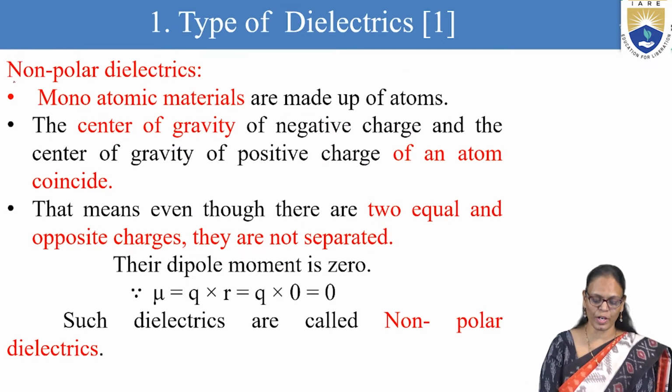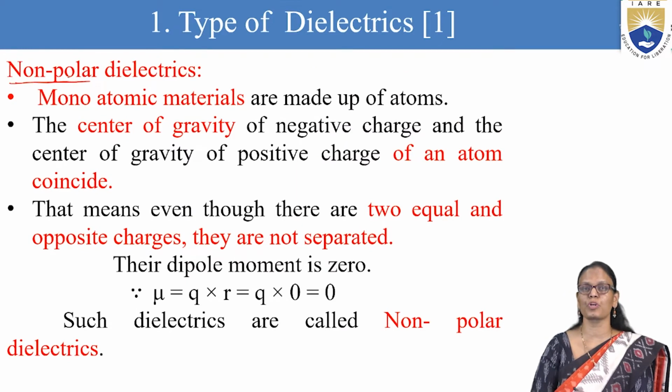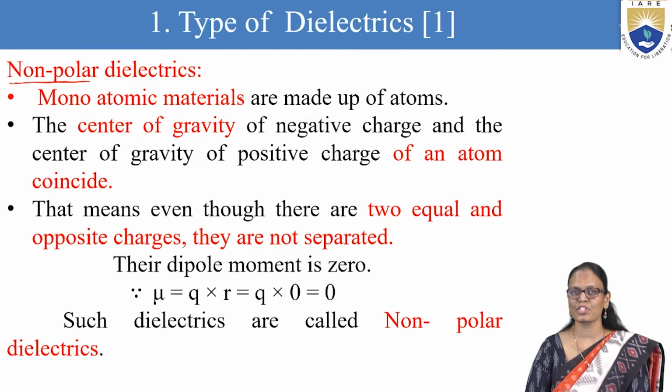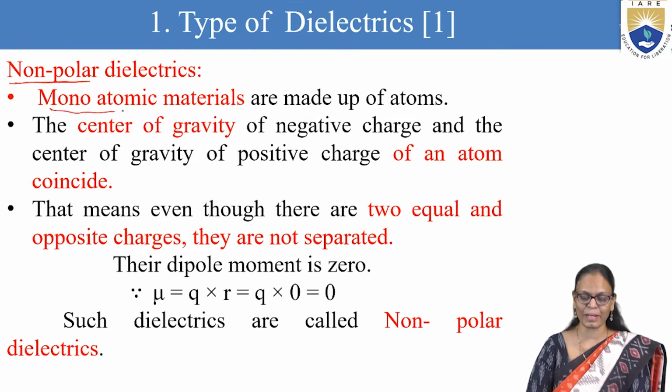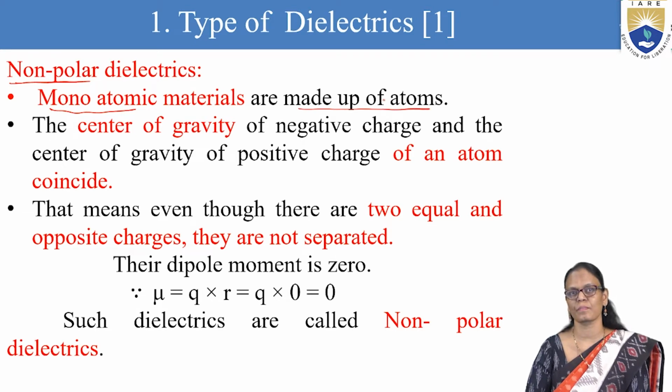Coming to non-polar, means which are not polar in nature. Generally, monoatomic materials are made up of such atoms. In non-polar dielectrics, the center of gravity of the negative charge and the center of gravity of the positive charge coincide with each other.